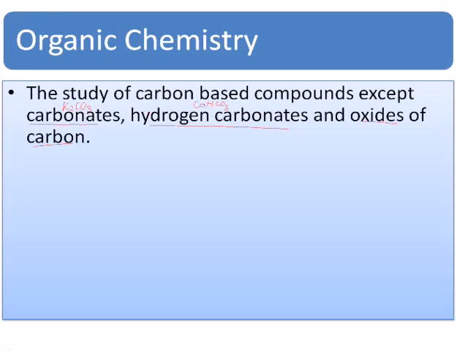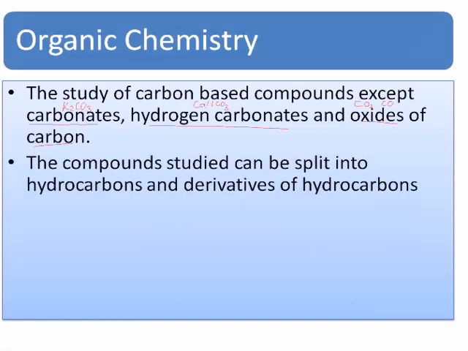They are not organic compounds. And oxides of carbon, we have got two that we know, carbon dioxide and carbon monoxide. These two are not organic compounds. So anything that has got the name carbonate or hydrogen carbonate, or is carbon dioxide or carbon monoxide, doesn't qualify as an organic compound.